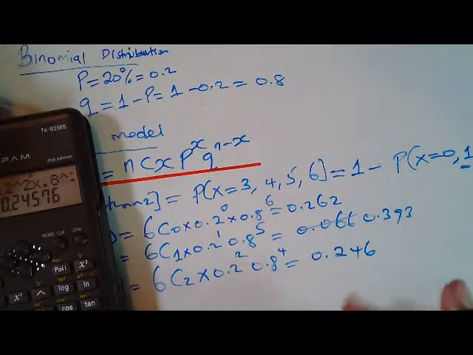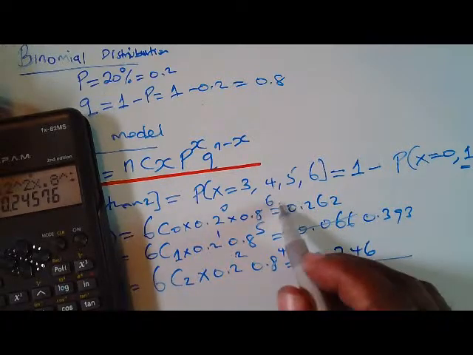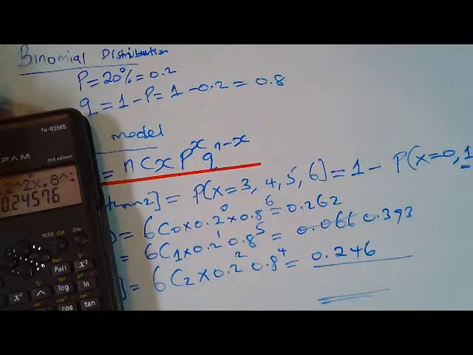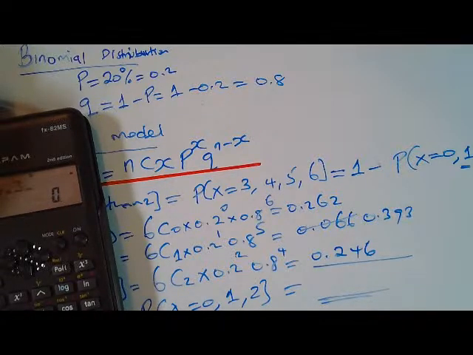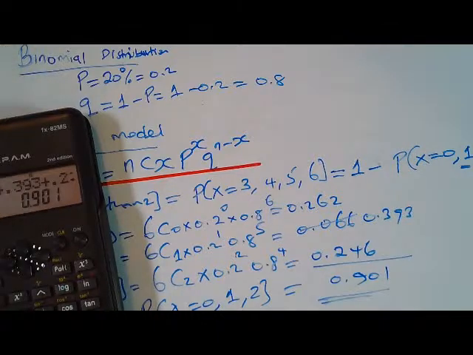Now, ladies and gentlemen, after getting that straight away, I need the summation of the 3. The summation of the 3, which will be probability of x being equal to 0 or 1 or 2, will be equal to 0.262 plus 0.393 plus 0.246, which at the end of the day will give us 0.901, like that, 0.901.